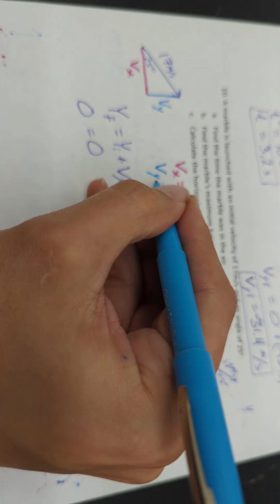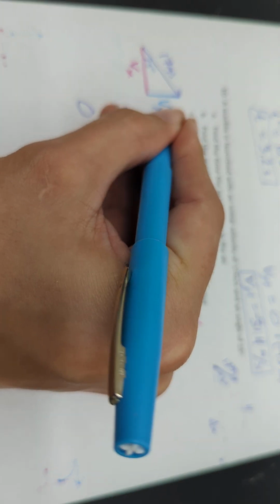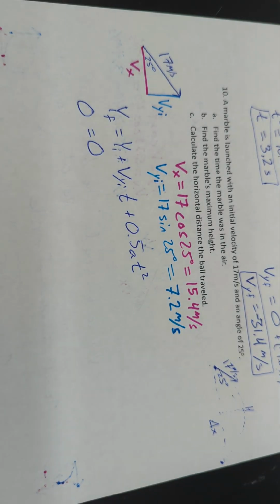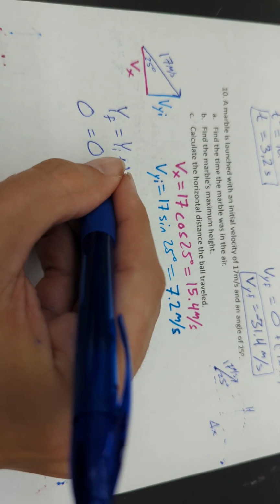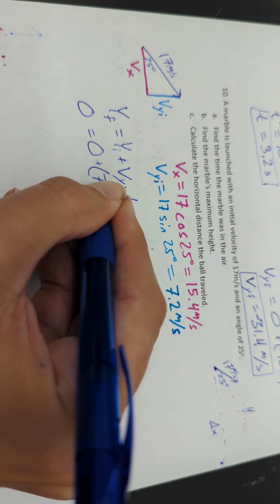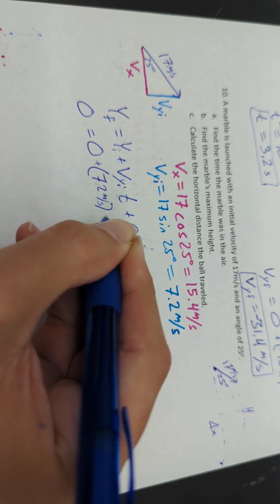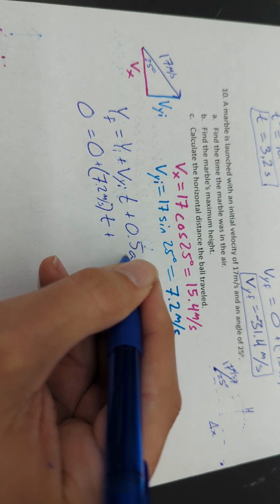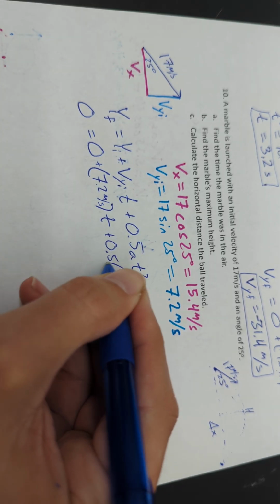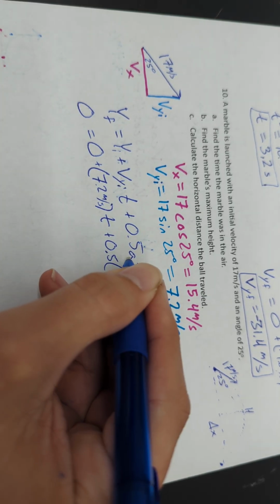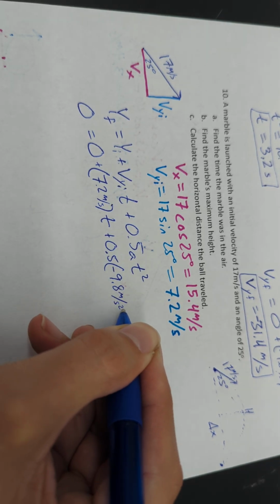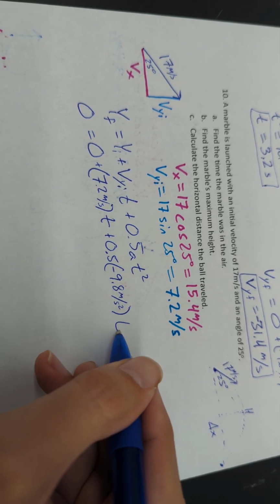This is your starting velocity, 7.2 meters per second, times your time, plus 0.5 times your acceleration. This is gravity, so negative 9.8 meters per second squared times t squared.